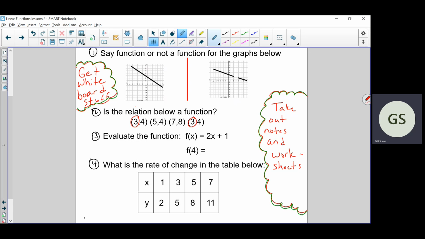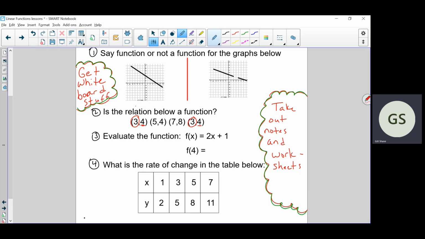Yes, I do. I got a 4 for that one and a 4 for that one. That's the same, which means that is a function. If the x value is the same and the y value is also the same, then yes, that is a function.